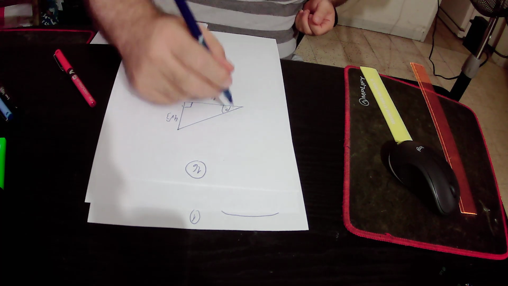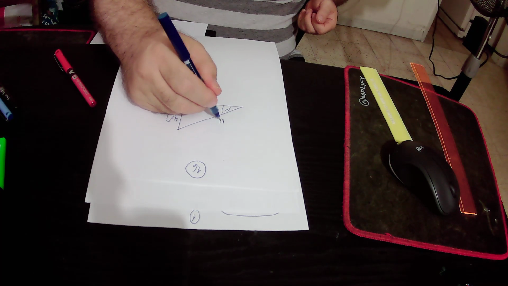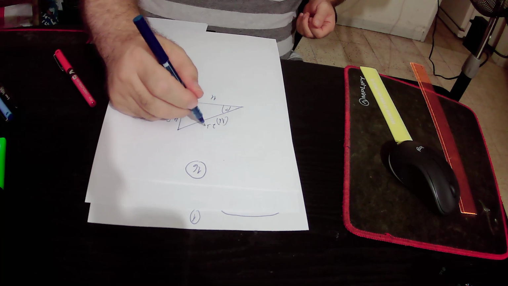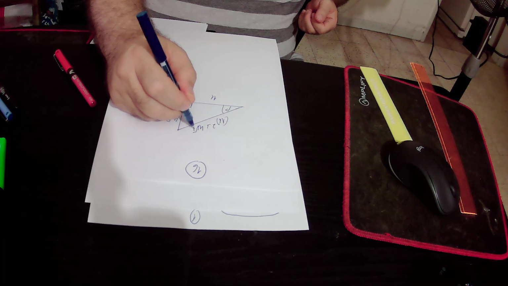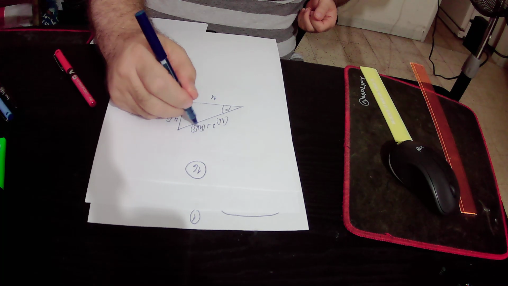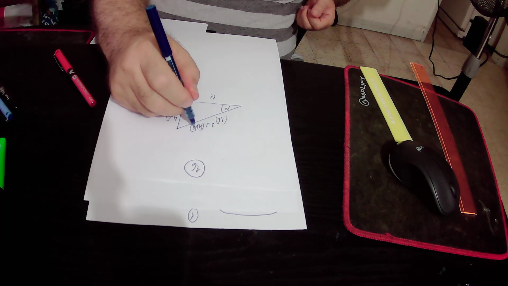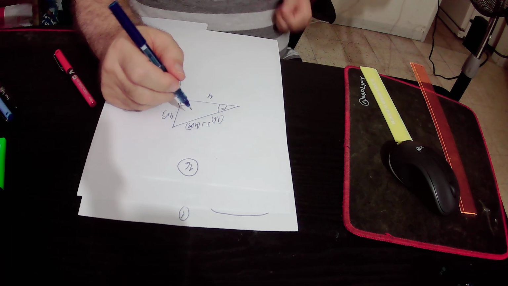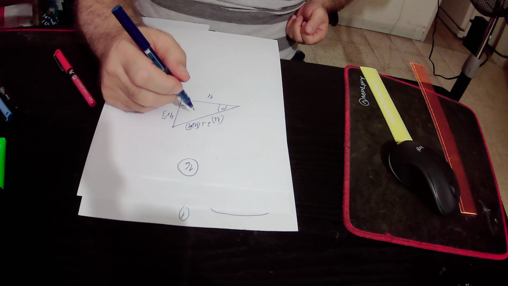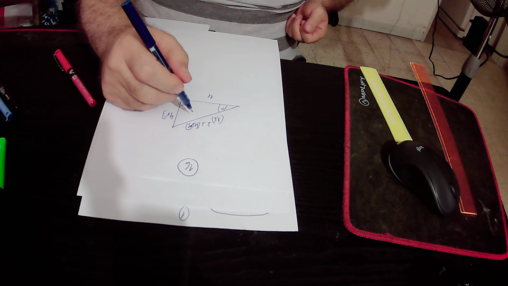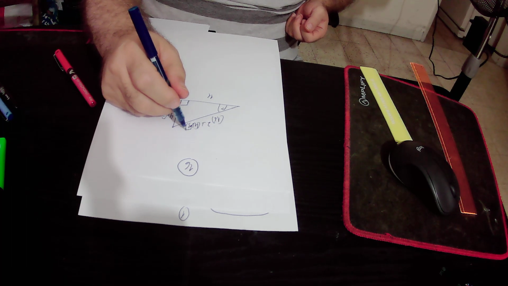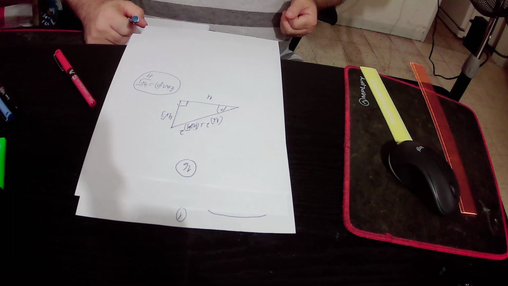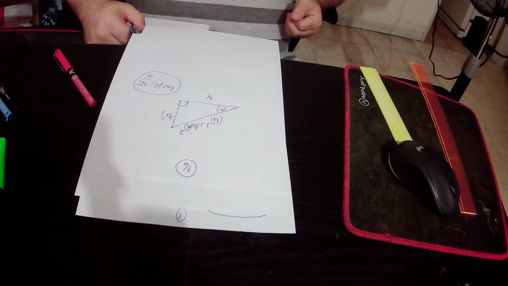So the square of the hypotenuse will be equal to 11 squared plus 4 times root 3 squared.